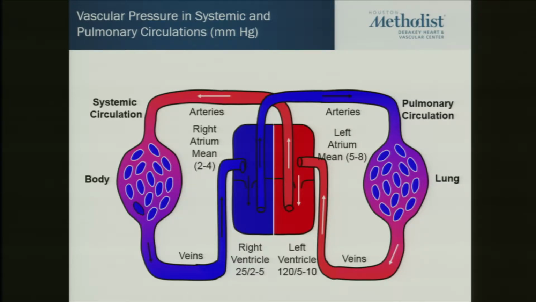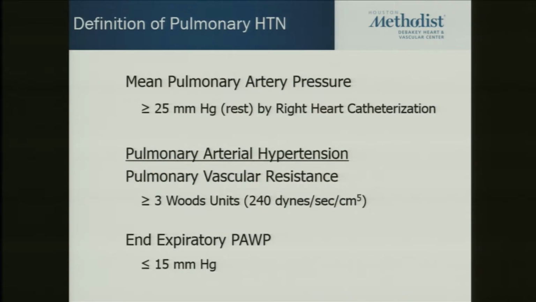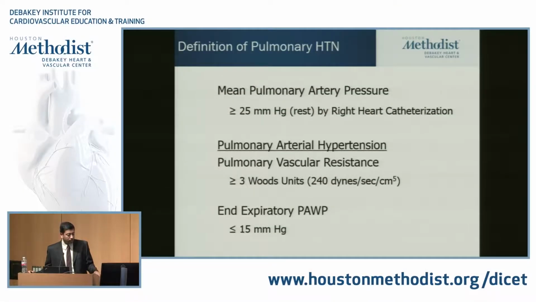Now, what we are dealing with today is mainly elevated pressure in the pulmonary artery, and that could be due to various reasons, as we will find out in the next few slides. So the definition of pulmonary hypertension is mean pulmonary artery pressure over 25 as measured by right heart catheterization.